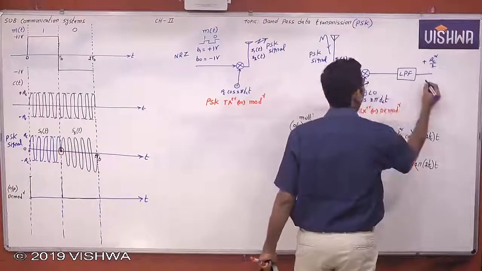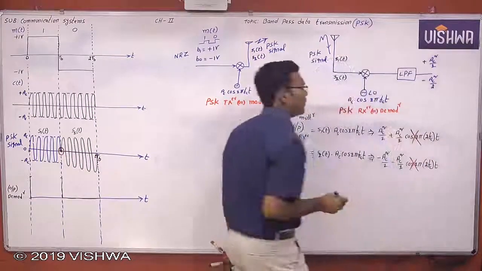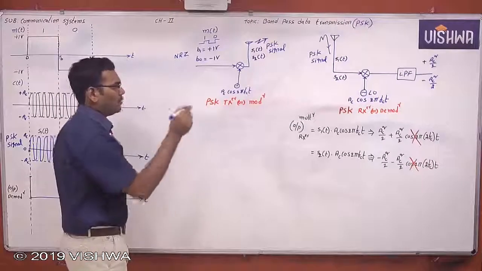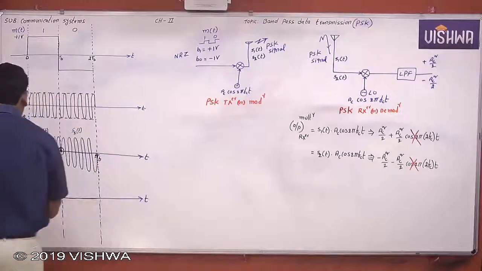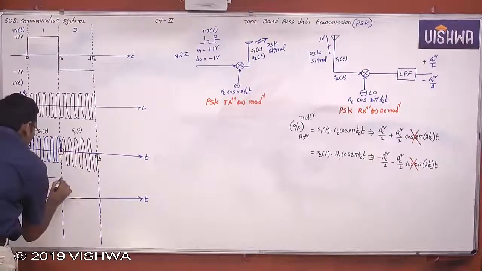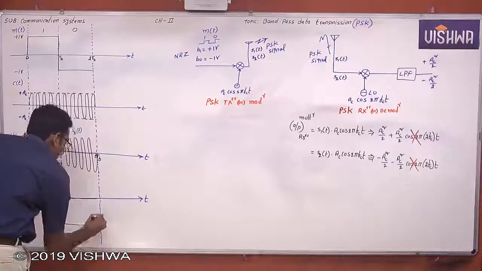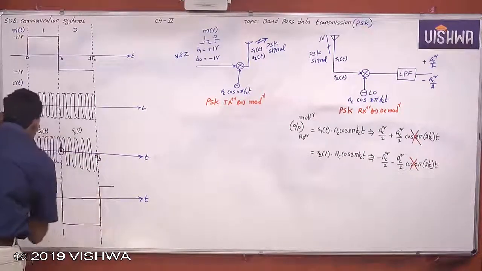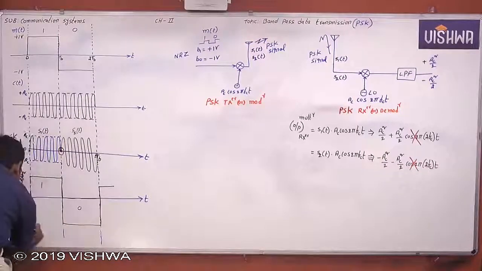For S2 of t, this is minus Ac square by 2.